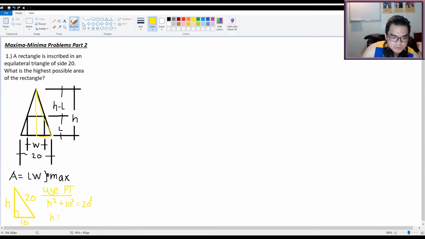So h will be equal to the square root of 20 squared minus 10 squared.